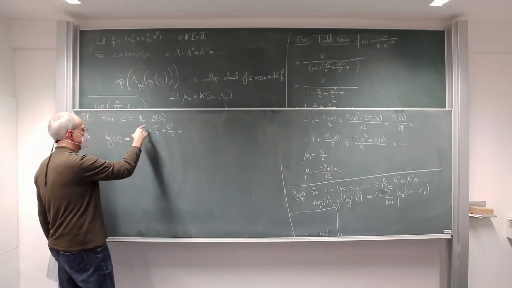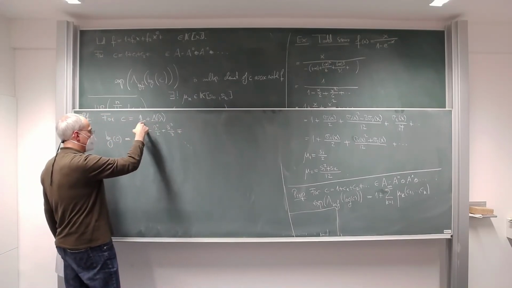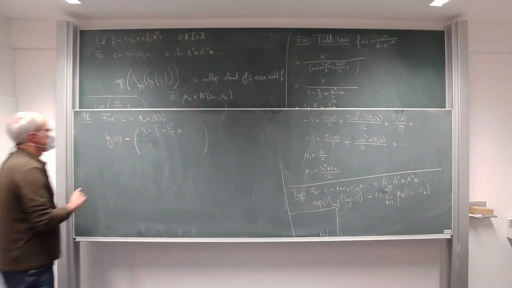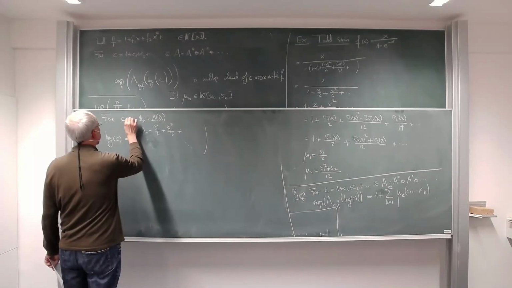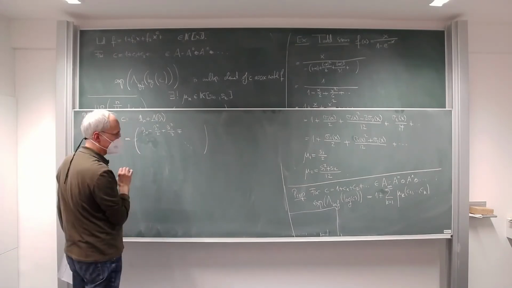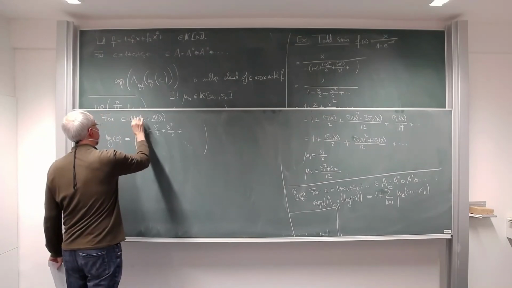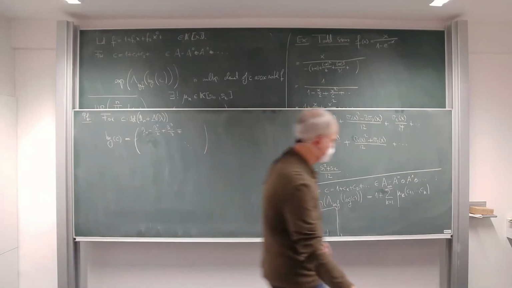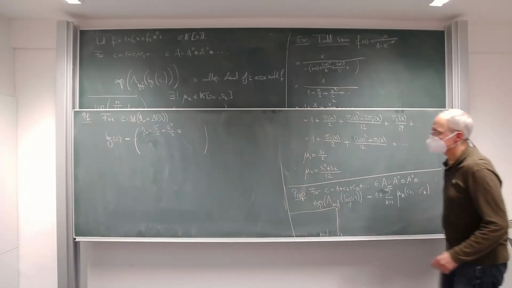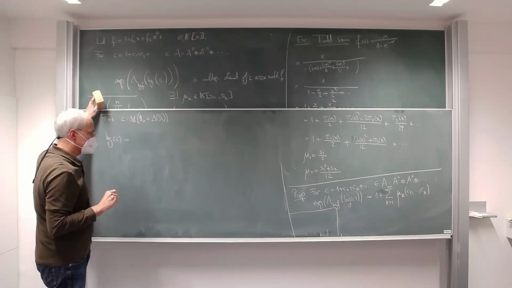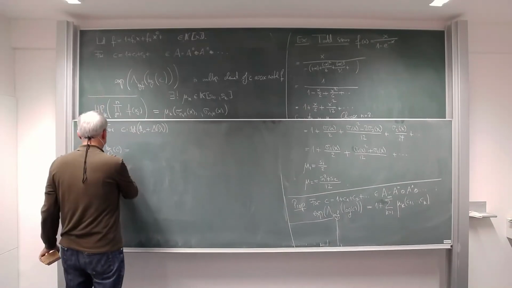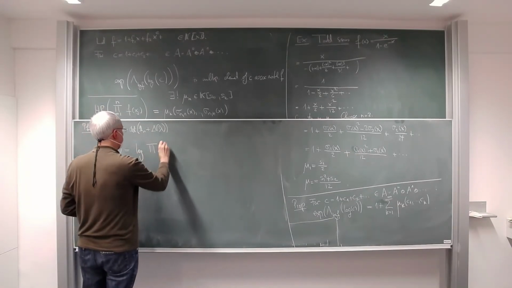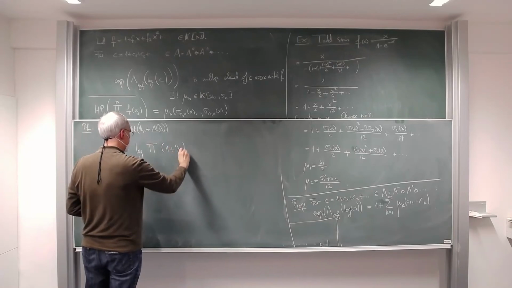It's just applying the logarithm series to 1 plus lambda 1, and similarly for the other terms. Now let me do the computation for this. So it's the logarithm of the product of 1 plus lambda j, right?